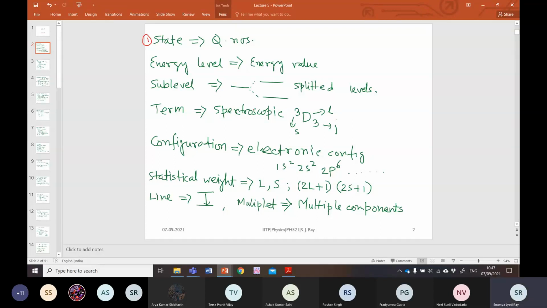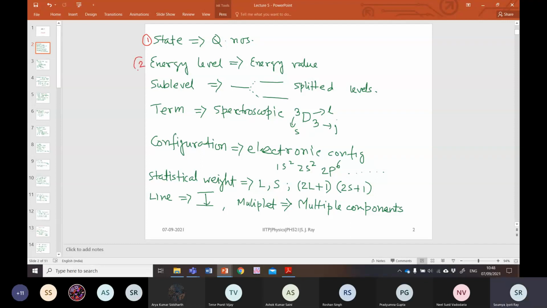It could be some orbitals also, or an energy associated with it, but that will again be associated with certain quantum numbers. Anyhow, if there is a state, certain quantum numbers have to be associated with it to represent it.